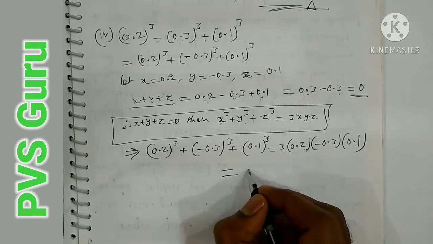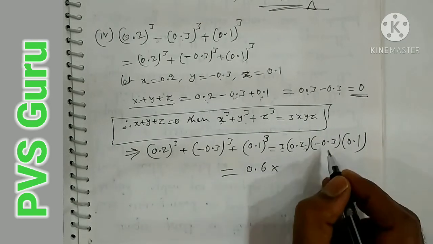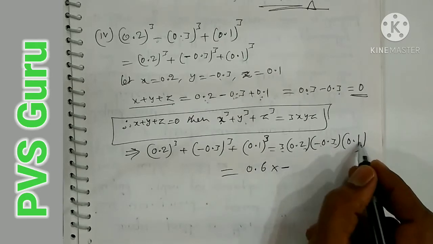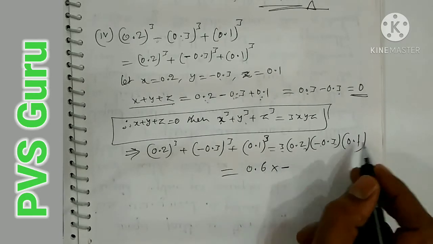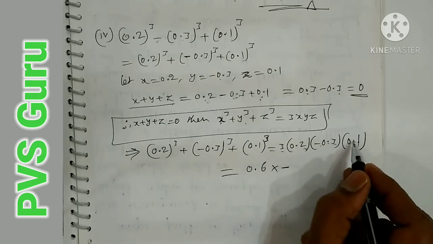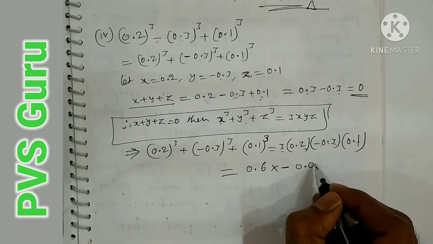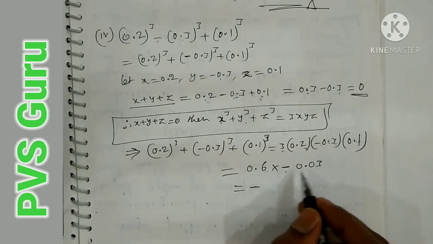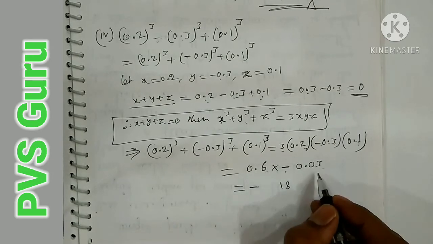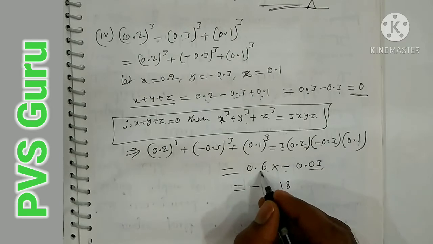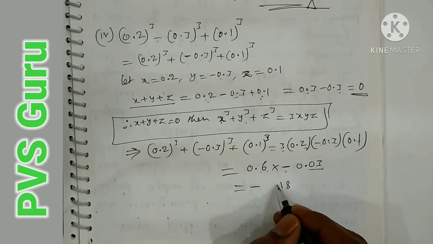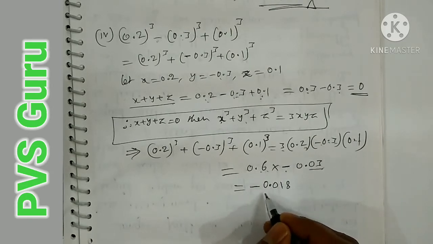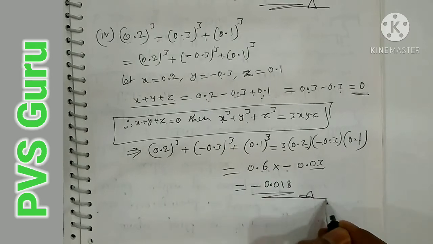This is 3 2s are 6, 0.6 into minus 3 1s are 3. Here 2 decimal points are there, 0.03. Now minus into plus is minus, 6 3s are 18. Here 2 decimals and here 1 decimal, total 3 decimals, 0.018 is the answer.